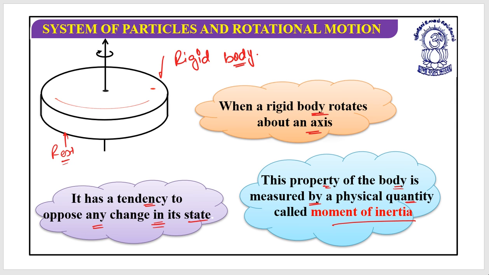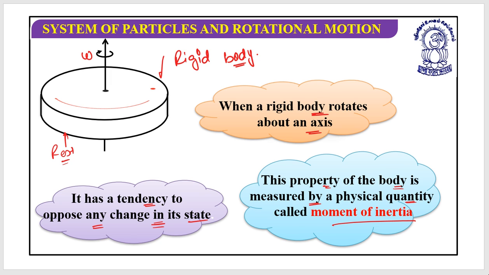So if an object is at rest, it would not like to start rotating. The reverse is also true: if an object is rotating with a certain angular velocity, say omega, it will not like to stop. This is what we call the moment of inertia.